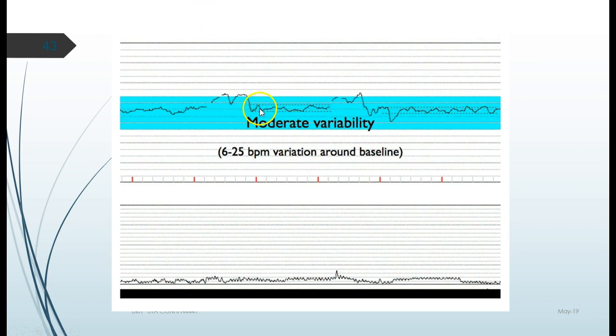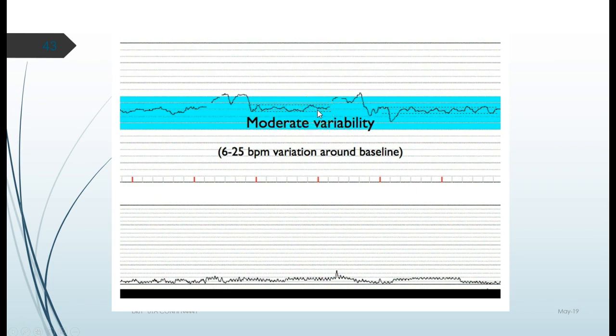The normal range for the change from beat to beat is 6 to 25. Notice that they've excluded these big things because that's not part of the baseline. That's an episode that has happened on the baseline, as opposed to something that is ongoing on the baseline.